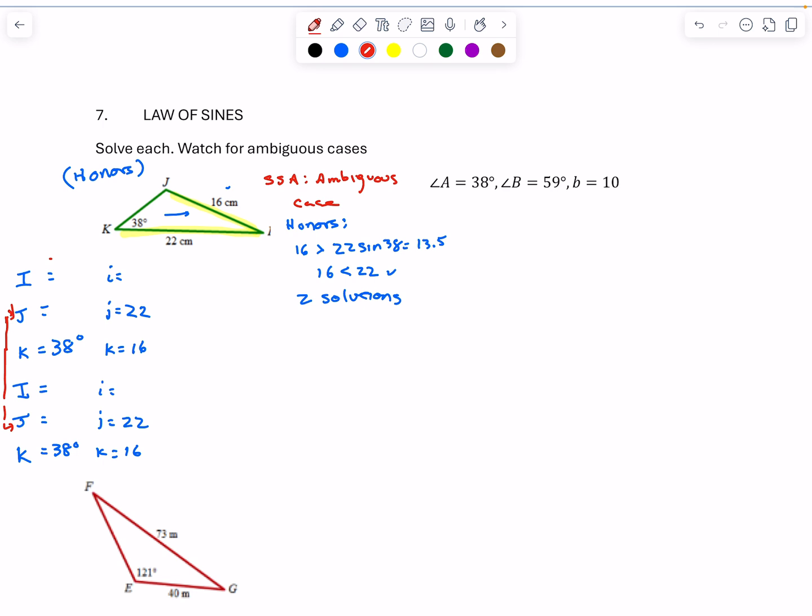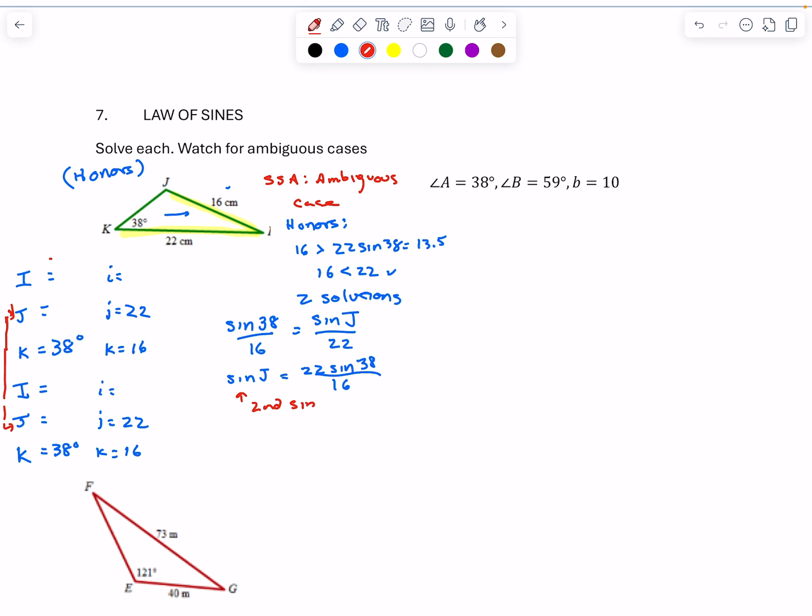So we'll set up and find angle J first. Okay. Cross multiplying and then dividing by 16, which was stuck to J. And then we do second sine. J is sine inverse of that.